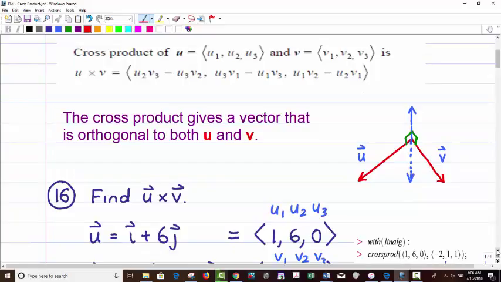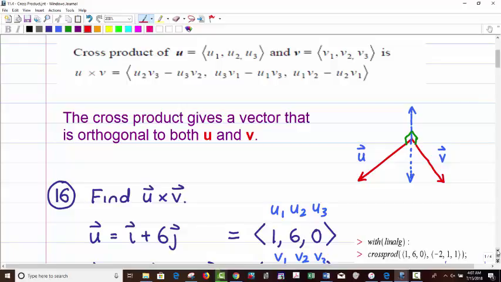Now, from a graphical visual standpoint, the cross product gives us an interesting result. The cross product is going to give you a vector that's orthogonal to both u and v. In other words, if you did your cross product and then took the dot product with both vectors, it should be 0.